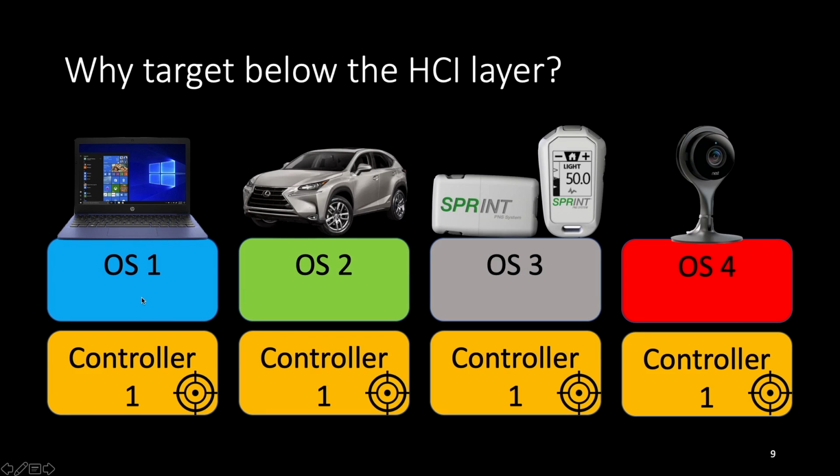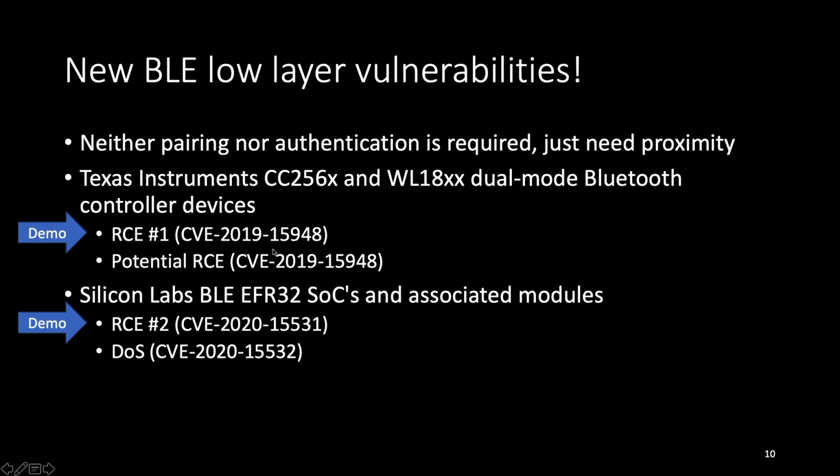But if an attacker finds a vulnerability in the controller's low layer, and this controller is used for different classes of devices, he can attack a PC, a car, medical devices, or IoT devices. Beyond that, attacking this lower layer does not require either authentication or pairing. The attacker just needs to be nearby the device.